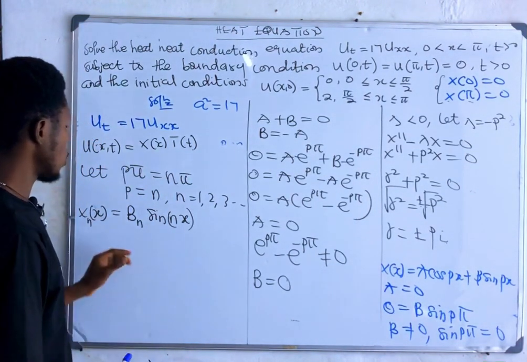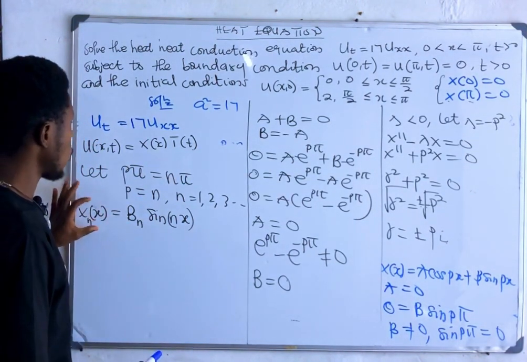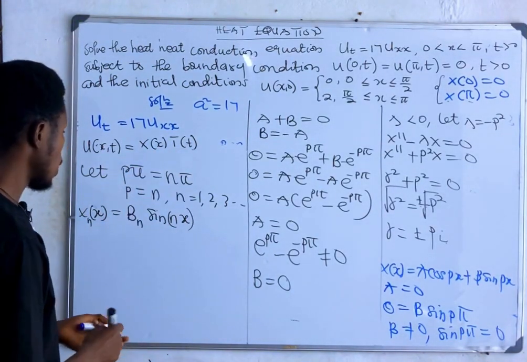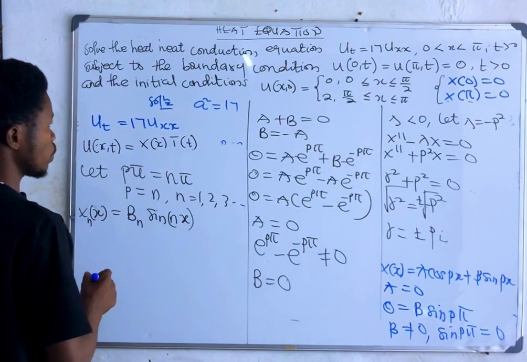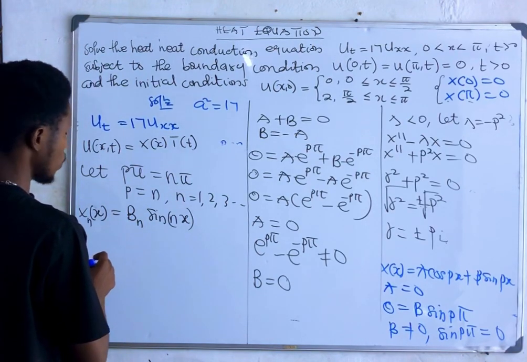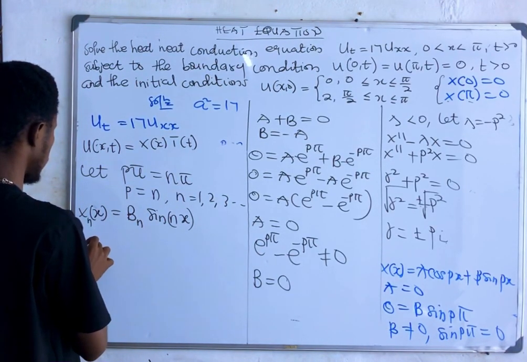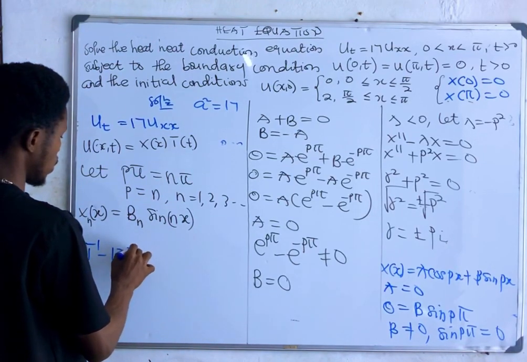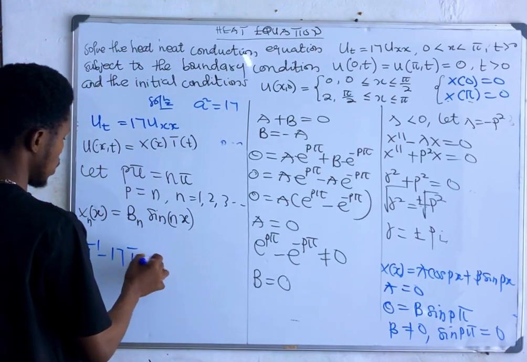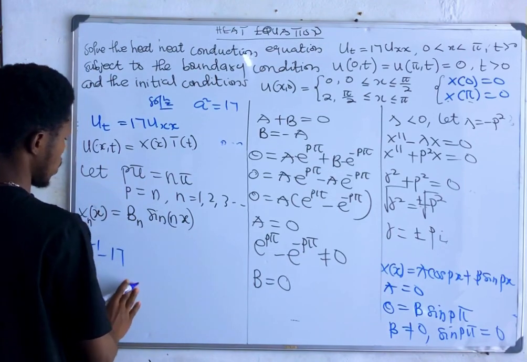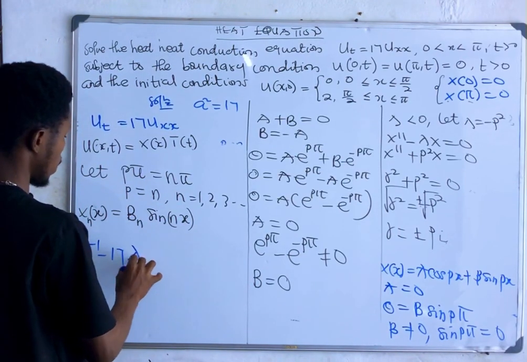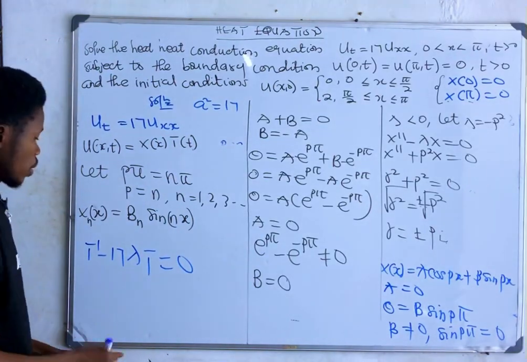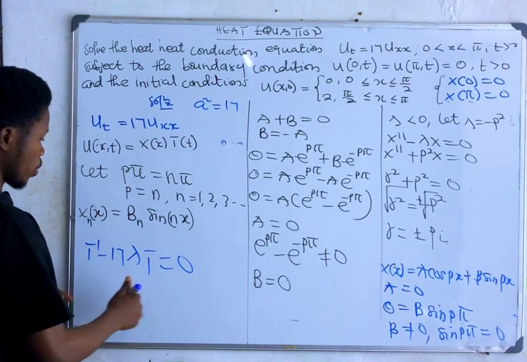Now after getting this for x, we need to find the t. The t was given as t prime minus 17 lambda t equals 0. Is that okay? So this is what you have.